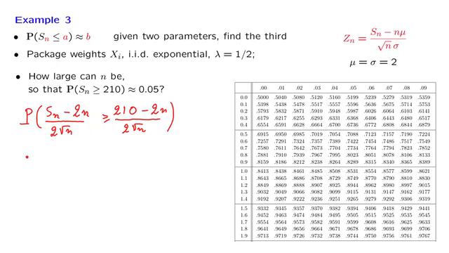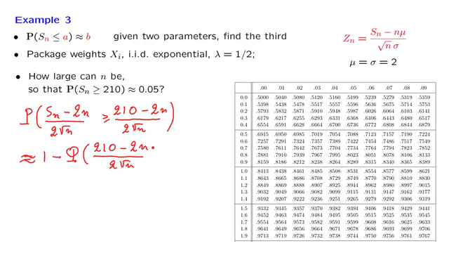So once more, we're talking about the probability that a standard normal exceeds a certain value, and by the central limit theorem, this is approximately equal to 1 minus the standard normal CDF evaluated at this particular value here.